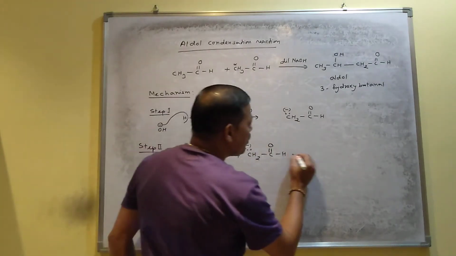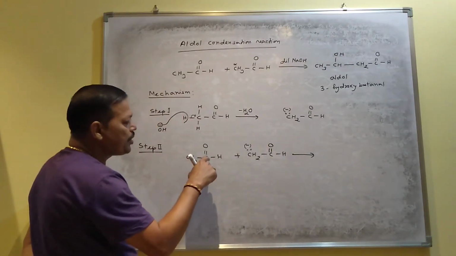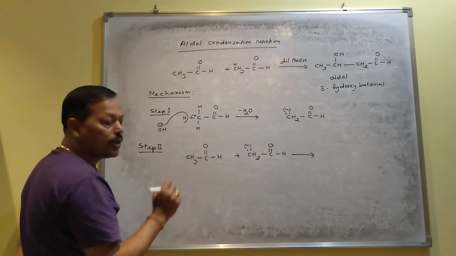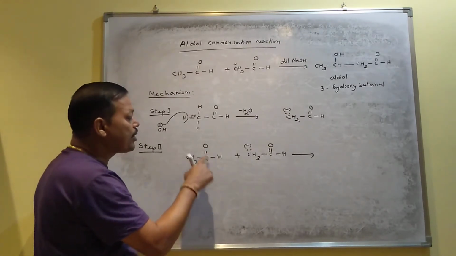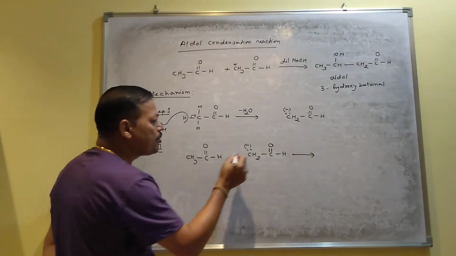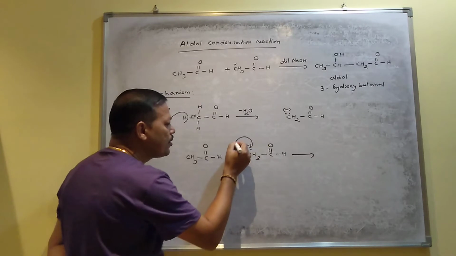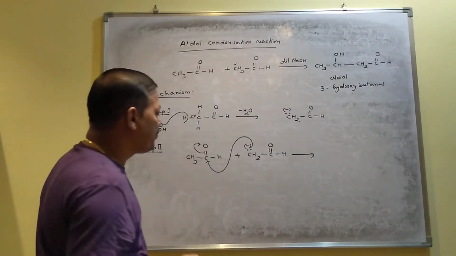Now since a double bond is present between carbon and oxygen, due to the electromagnetic effect, oxygen is more electronegative than carbon, so carbon will be delta plus and oxygen will be delta minus, as you have already learned. So due to the delta plus carbon, the negative carbon will attack this carbon and the double bond shifts towards oxygen.